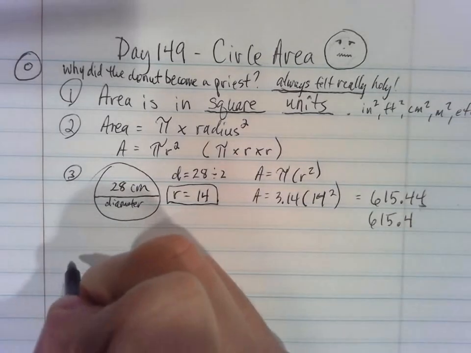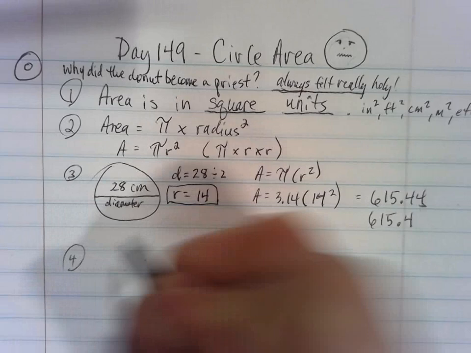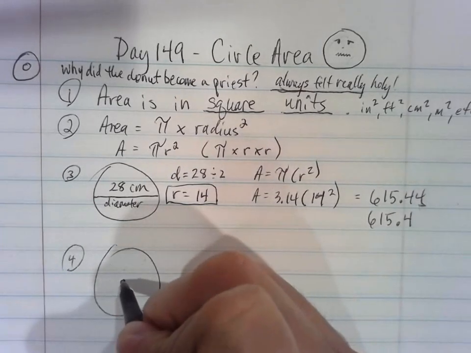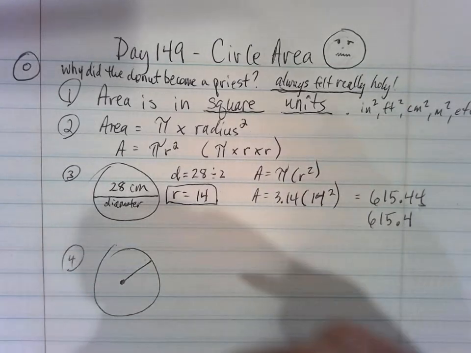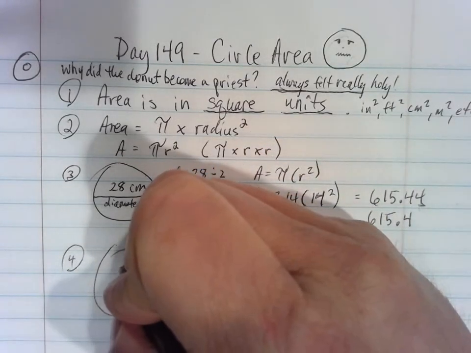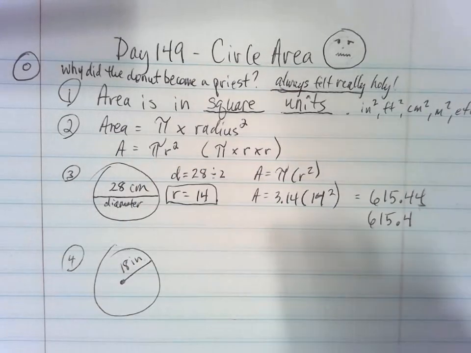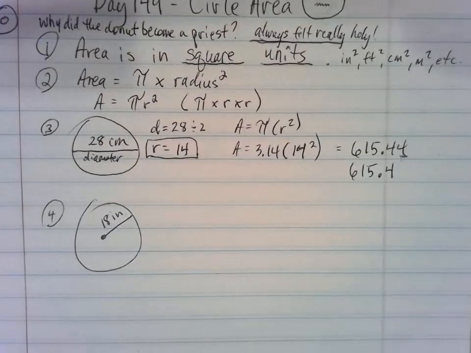Let's do another one with a whole number. Let's say you had this picture. I know you love my artwork. Great, ain't it? Let's say you had a radius of 18 inches. That's the picture you got. Radius 18.